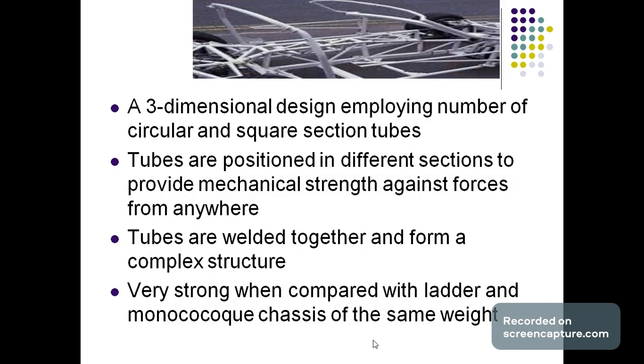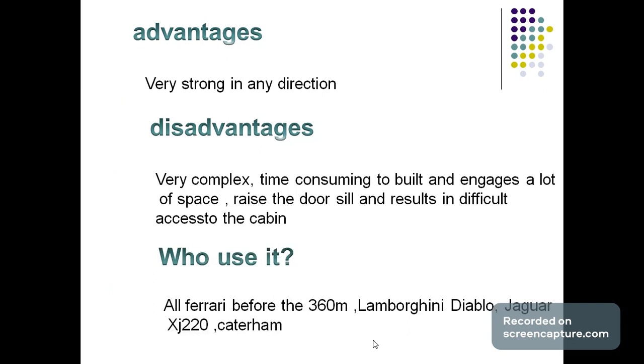It is very strong when compared with the ladder chassis and any other type of chassis. The advantage of this type of chassis is that it is very strong. The disadvantage is that it is very complex and time consuming to build and engage.